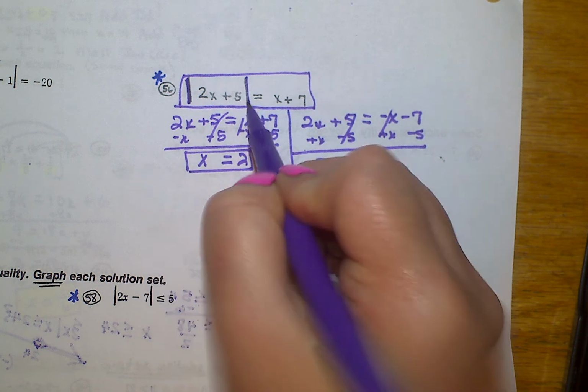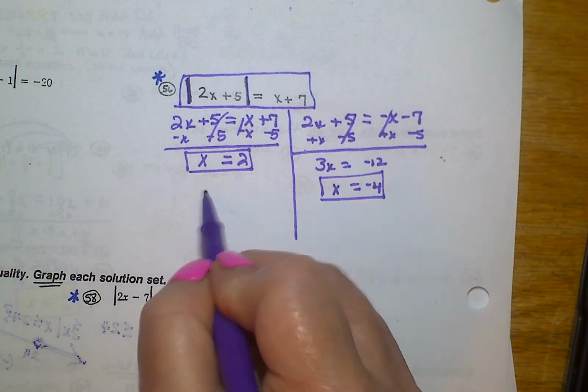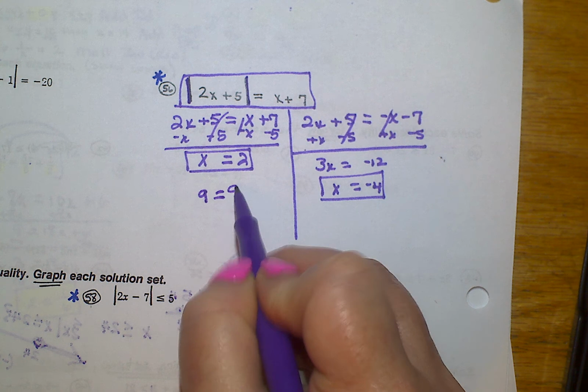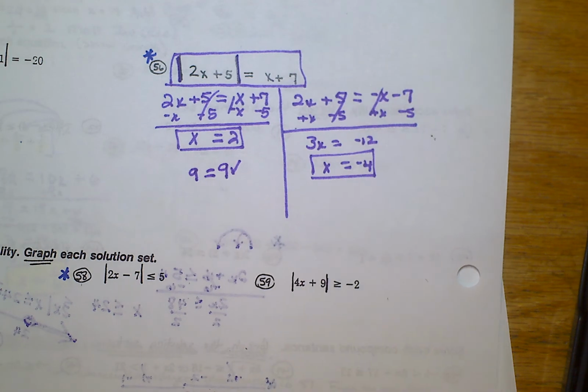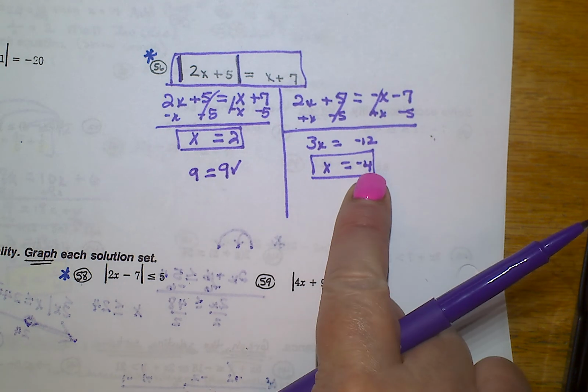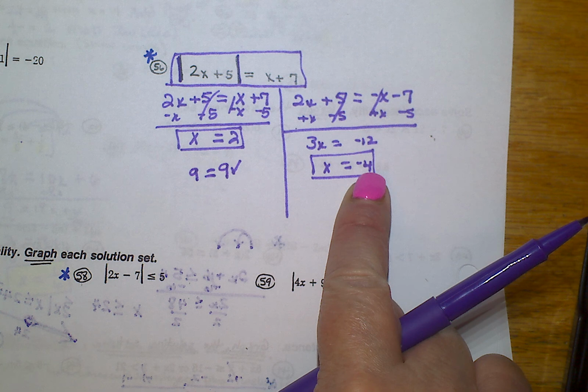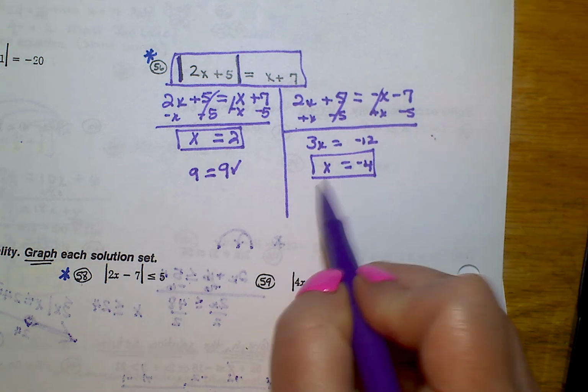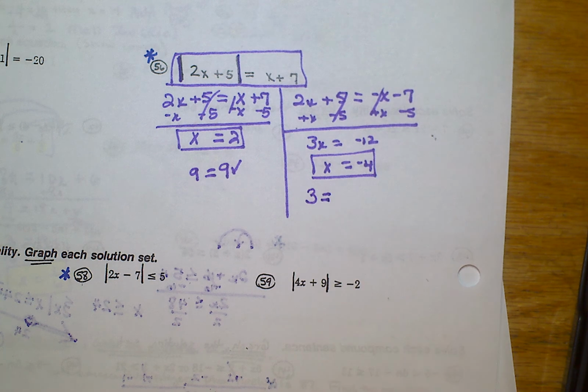The absolute value of 9 is 9. 2 plus 7 is 9. So that one works. 2 times negative 4 is negative 8. Negative 8 plus 5 is negative 3. The absolute value of negative 3 is 3. Negative 4 plus 7 would be 3.